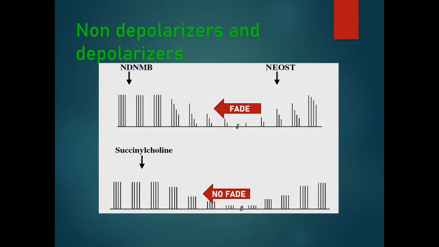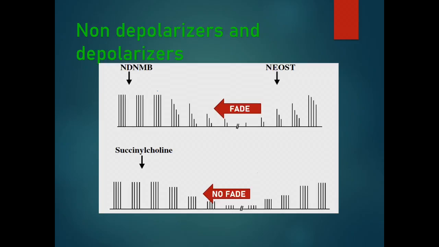But once the reactivation occurs, you get all the four twitches, but they are of equal amplitude. Whereas with the non-depolarizers, the initial phases will be beyond 90%, or all the four twitches of the same height.